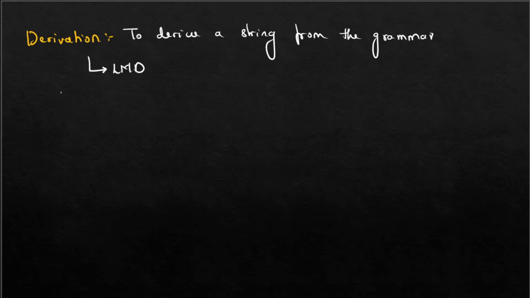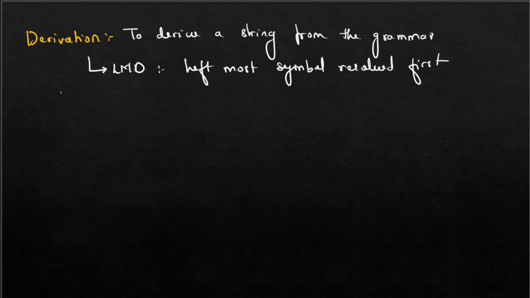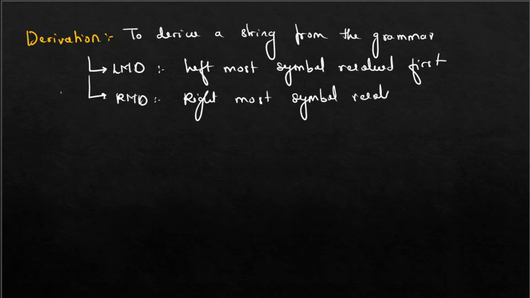LMD, the leftmost derivation, where the leftmost symbol is resolved first. Second is RMD, the rightmost derivation, where the rightmost symbol is resolved first. Then for graphical representation, we have the parse tree, abstract syntax tree and derivation tree.